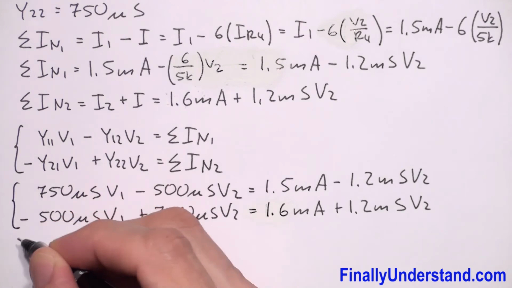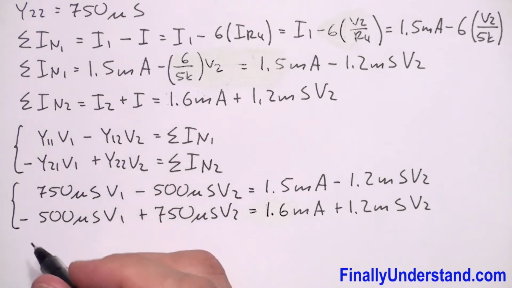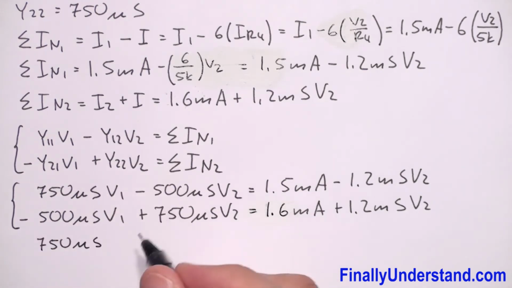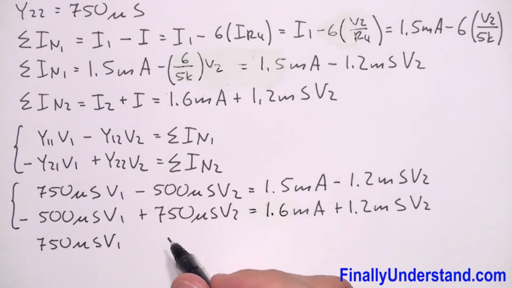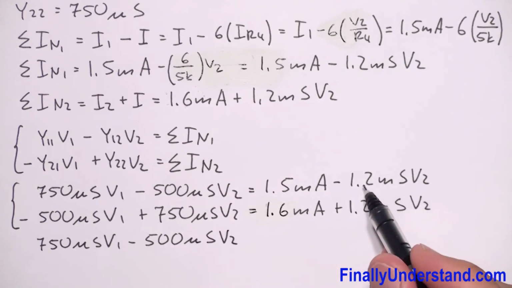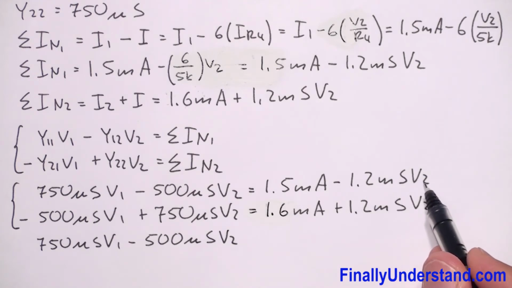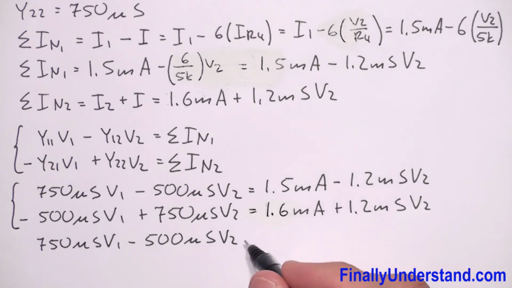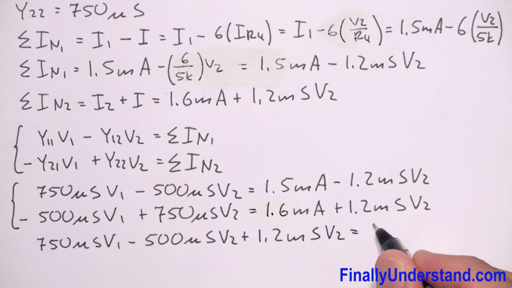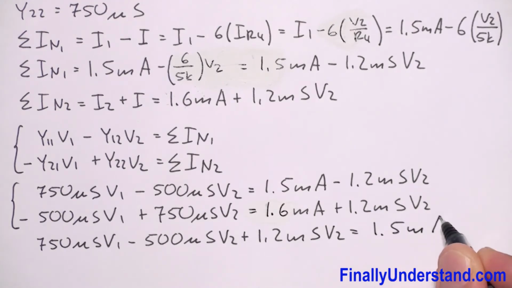I'm going to rewrite this as 750 microsiemens V1 minus 500 microsiemens V2, and I'm going to move this term which contains V2 to the left side. Because I have negative, it has to be positive, so it's plus 1.2 millisiemens V2, and this is equal to 1.5 milliamps.